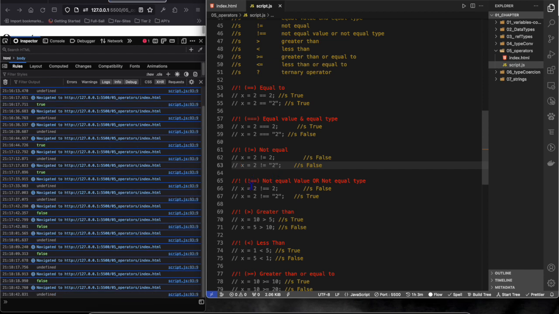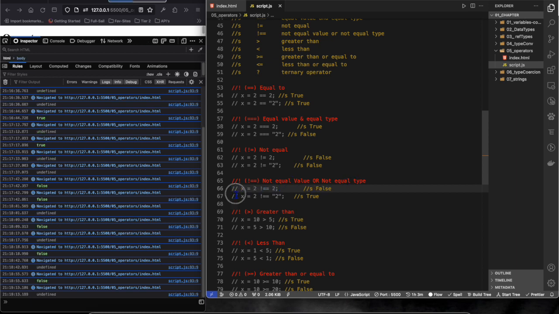So now our next one is the exclamation point and 2 equal signs, which is equivalent to not equal value or not equal type. You gotta pay attention to those. So we have x equals 2 and not equal value or equal type to 2. That will be false because it is an equal value and it is equal type.